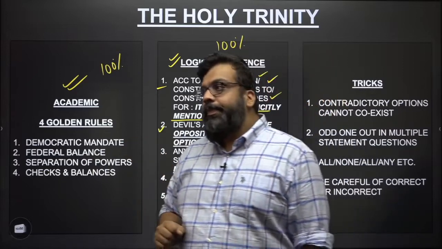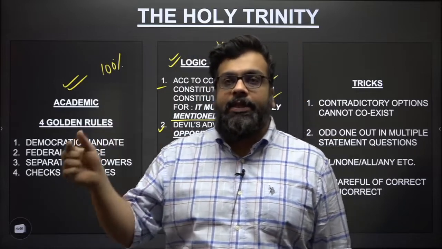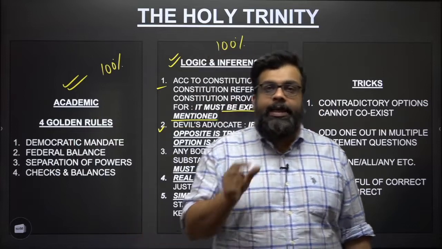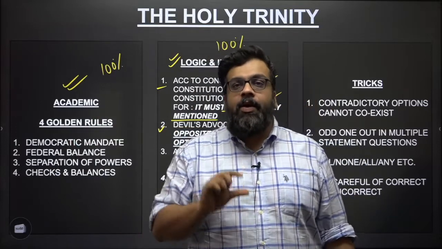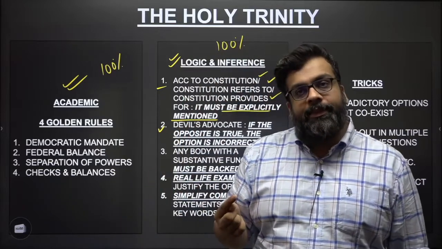For example, if the question says, which of the following is a correct interpretation of liberty? And one of the options is the absence of tyranny or the absence of a dictatorial government. Now argue the opposite.